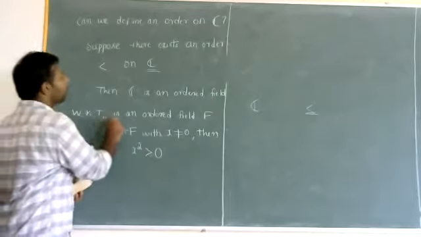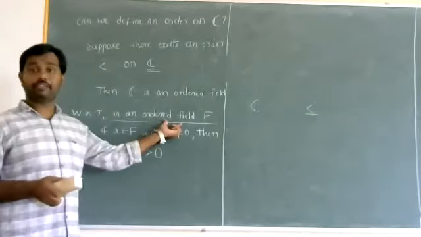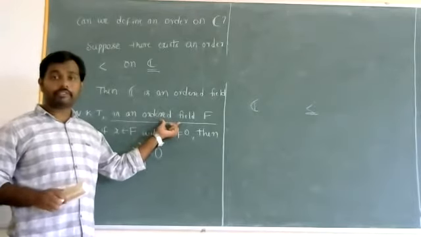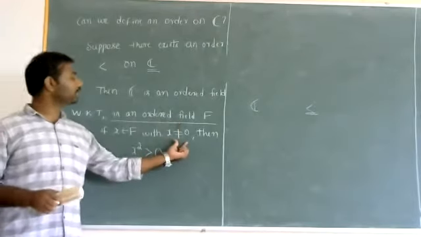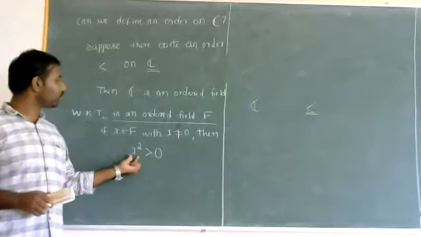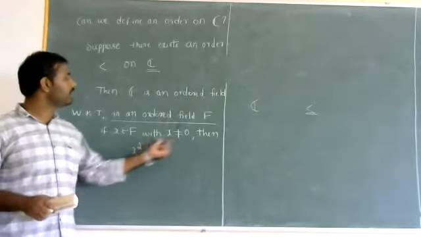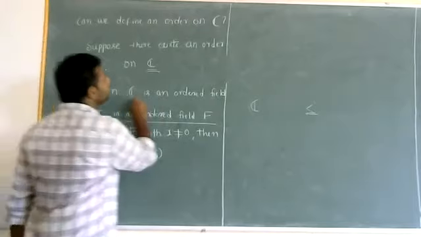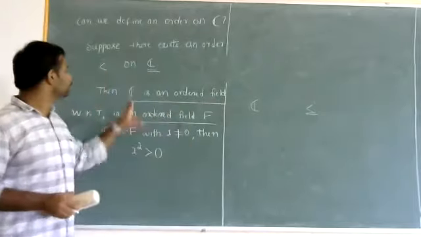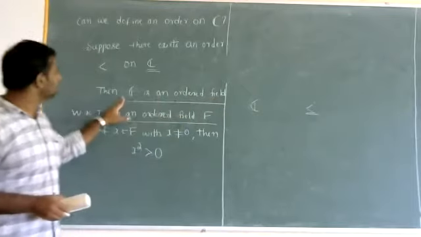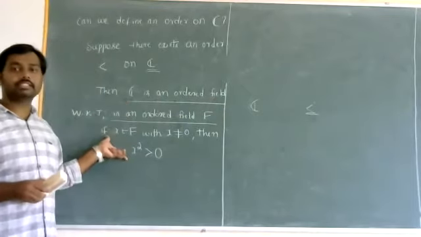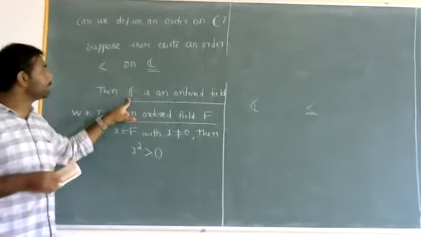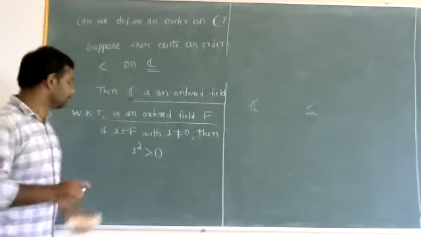This is a property of an ordered field, which we have studied in real analysis: given an ordered field, the square of every non-zero element has to be positive. Now come to this one. C is an ordered field, so C should also satisfy this condition. That means the square of every non-zero complex number has to be positive.